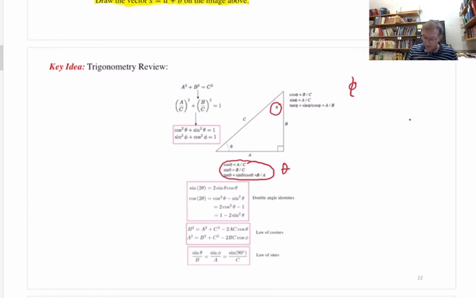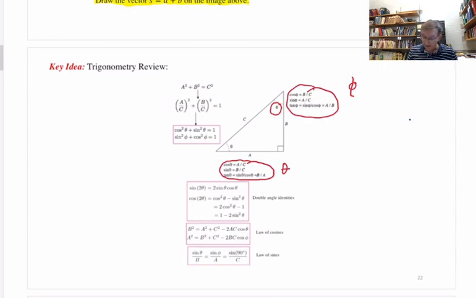But look at the three trig functions, cosine, sine, tangent, but now for phi. Cosine is still length of adjacent over length of hypotenuse, that's its definition. But given phi, adjacent means B, and hypotenuse means C. So for the angle phi, cosine phi is B over C. Sine still means opposite over hypotenuse.